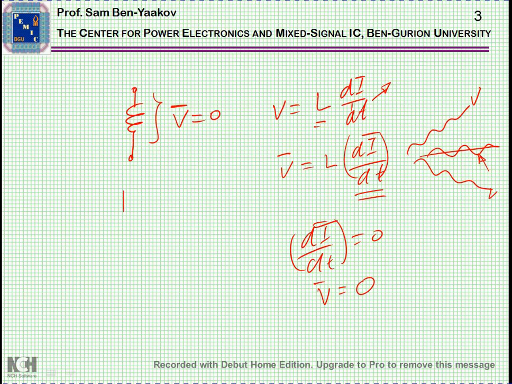Normally, you'll find across an inductor a positive voltage and then a negative voltage. This would be an inductor voltage as a function of time. Now, if the average voltage is zero, this implies that this area, let's call it A1, is equal to this area A2, so the average is zero.